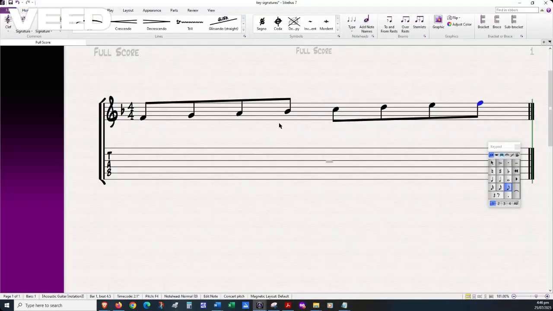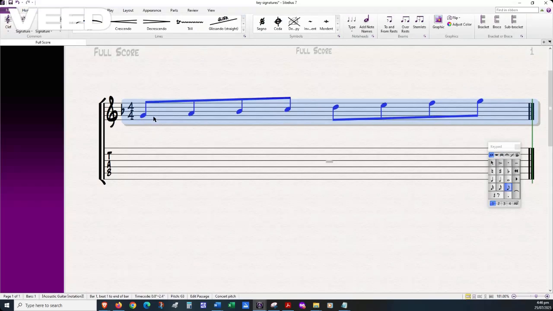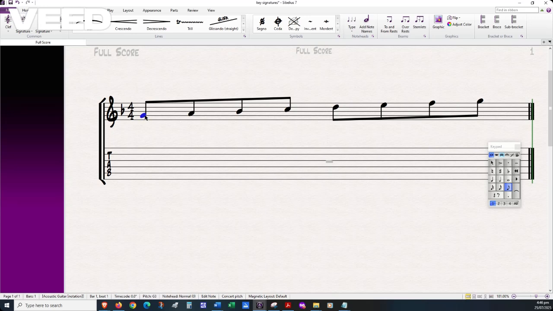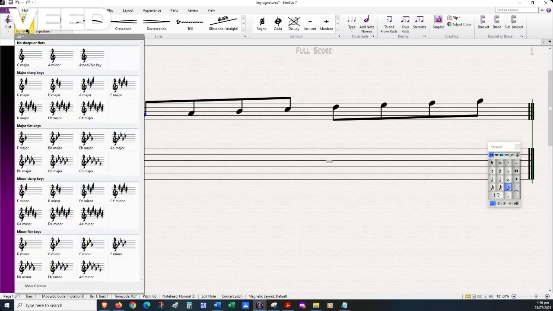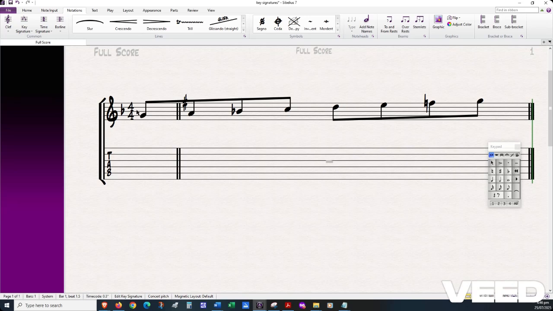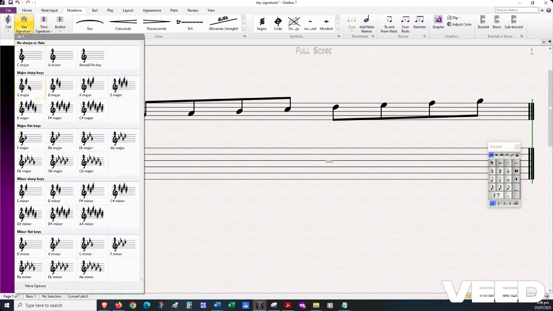If we started on a G note, we'd have G, A, B, C, D, E, F, G. So the notes have to just move one by one, and they have to be in alphabetical order as you move.